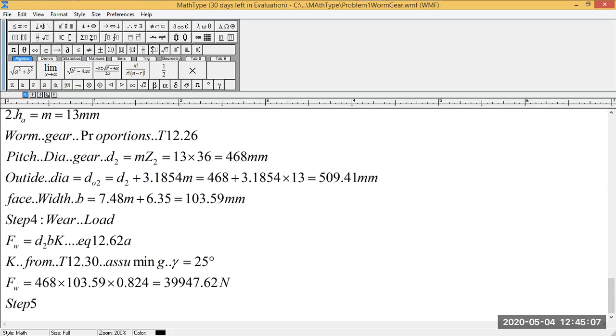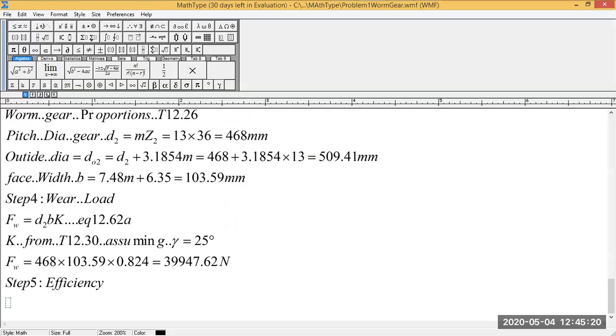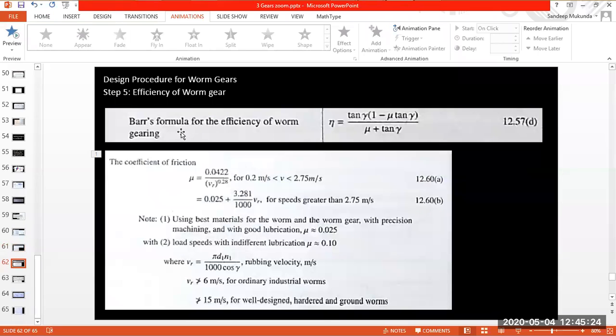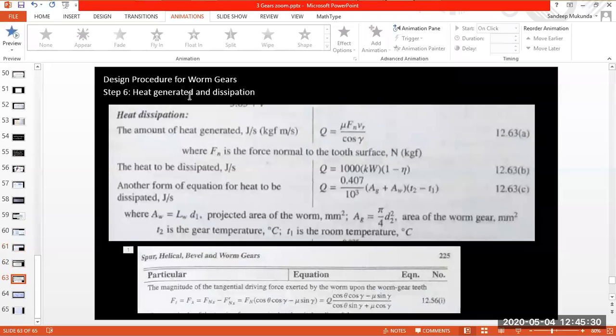So step 5 is efficiency. Go back to the presentation here. Efficiency is using the Buckingham formula. This is required before we go to the next step. You see, the next step is about heat generation and dissipation, which is what we needed to find in this problem.